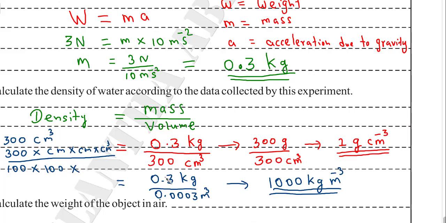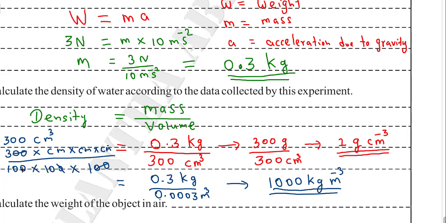And the third centimeter also, children, we converted into meter by dividing by 100. Then 300, this one, it gets cancelled.